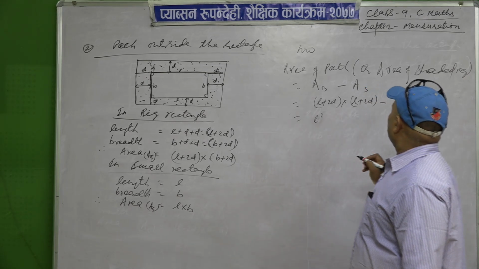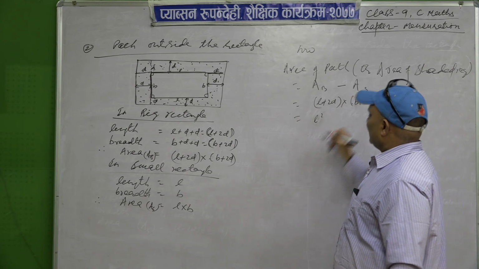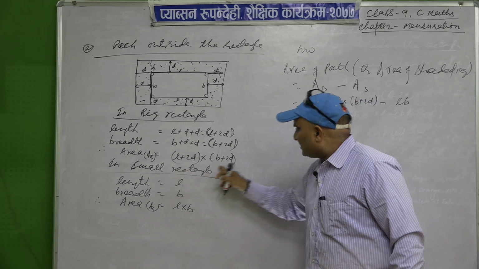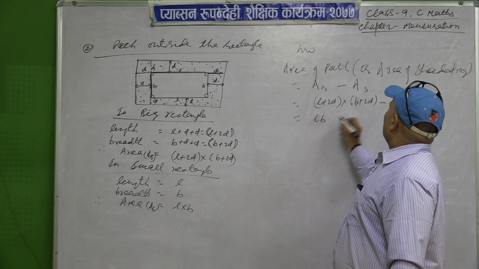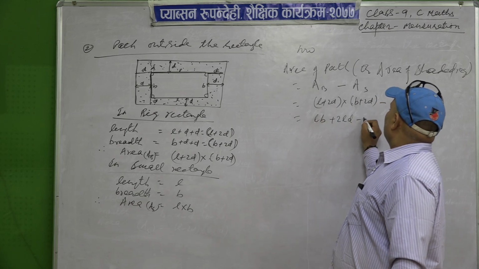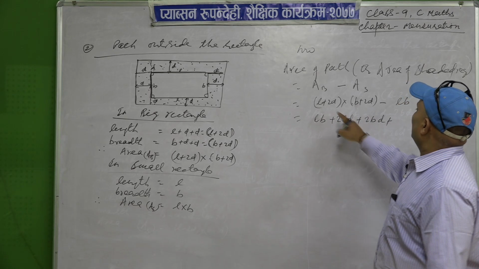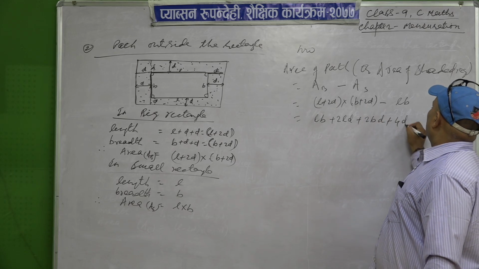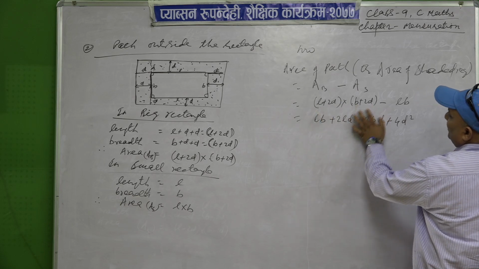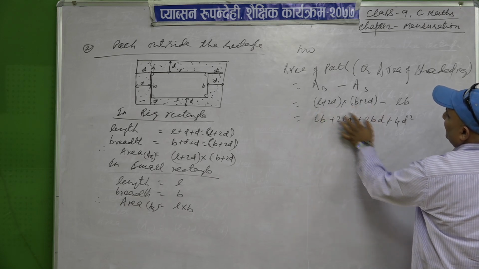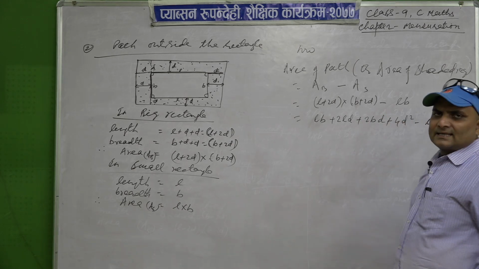Sorry, this is not L, this is B: L plus 2D and B plus 2D. Now multiply: L into B gives LB, L into 2D gives 2LD, 2D into B gives 2BD, 2D into 2D gives 4D square, and then minus LB.